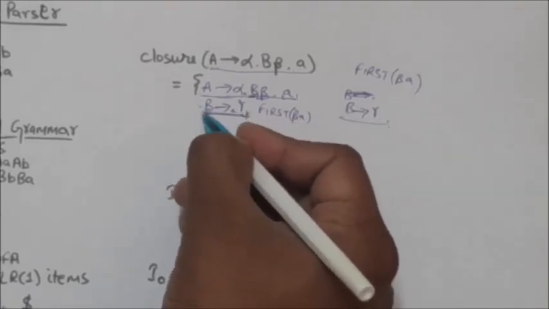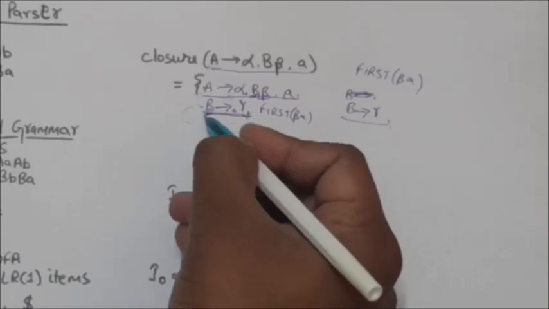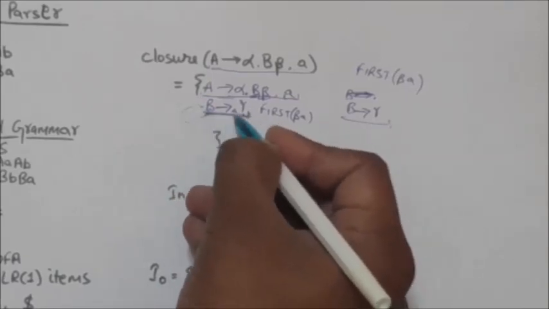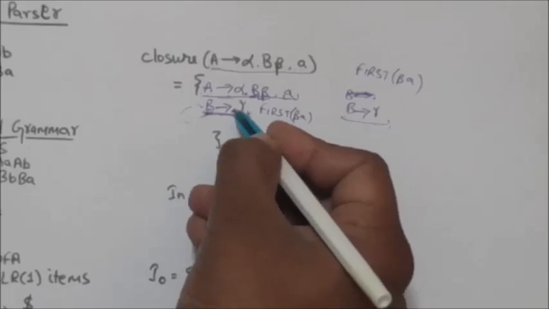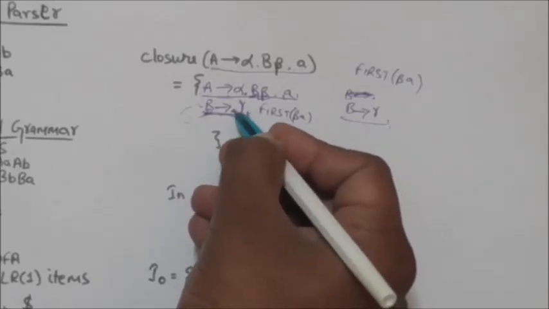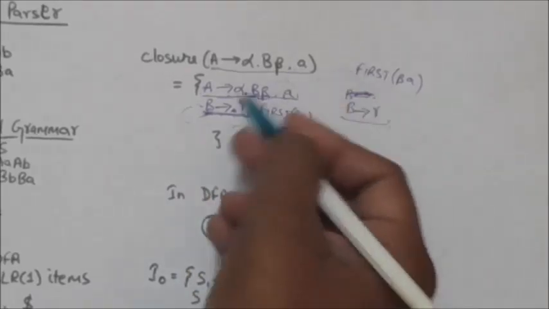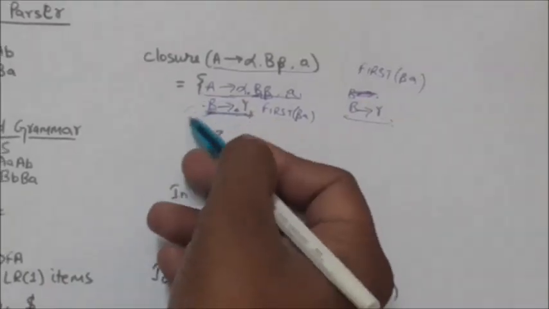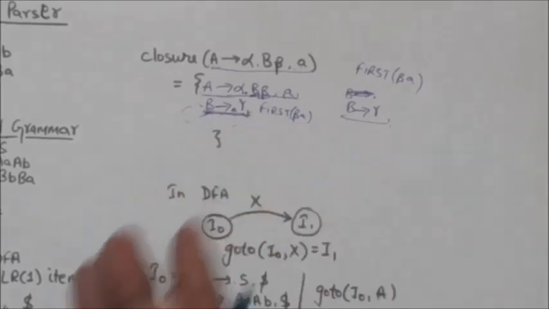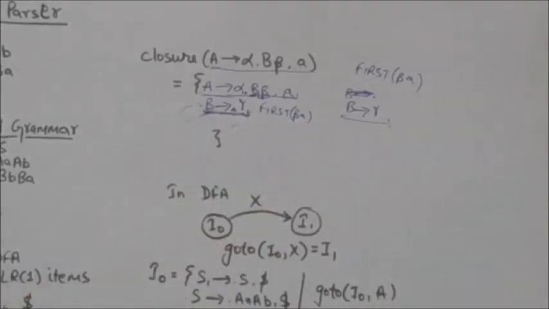So in this newly added item, again we have to check the position of dot. So if in this newly added LR1 item, this dot is preceding some non-terminal symbol, then again we will repeat the same process, right? So we will keep on adding these LR1 items in the closure as long as possible.